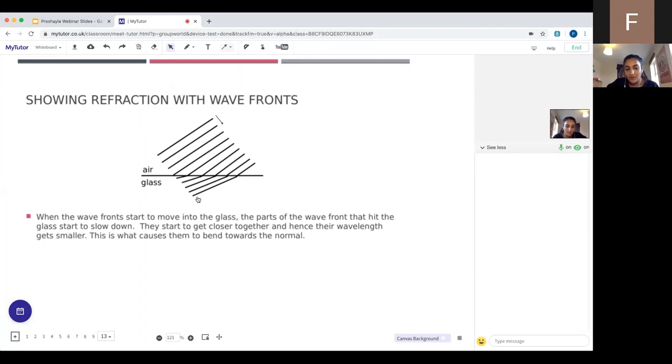Now when the wavefront starts to move into the glass, you can see that it bends. It starts to bend. The parts of the wave that start to hit the boundary slow down because, again, we're going into a denser material, so the wave slows down. They start to get closer together and their wavelength gets smaller.